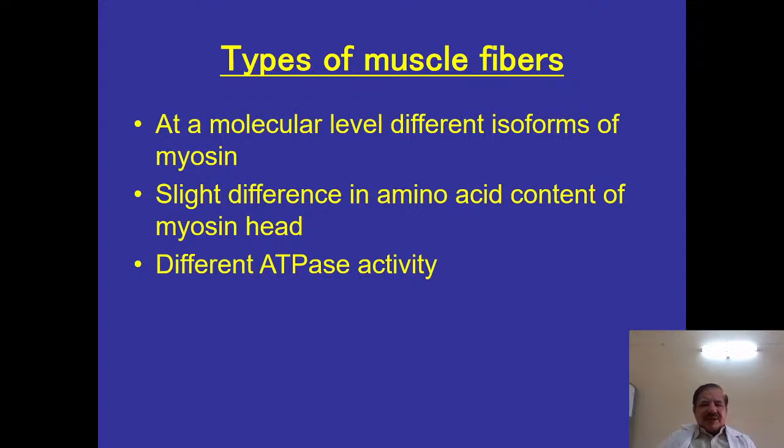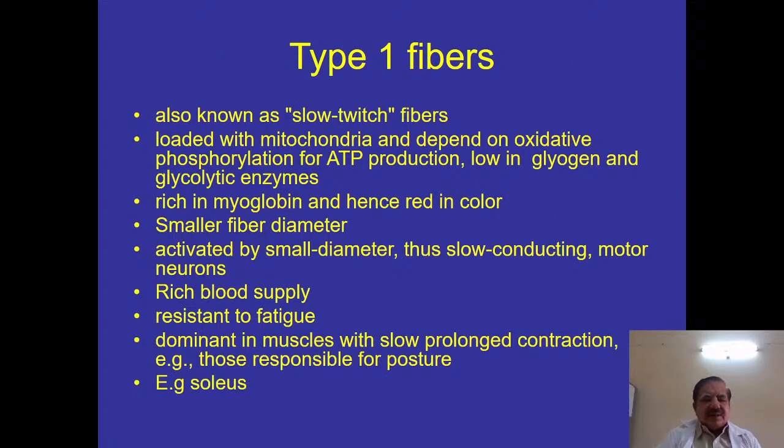Types of muscle fiber, as you know very well, are made of actin and myosin filaments having different amino acids at different places and different ATPase activity, that is oxidative and glycolytic. Type 1 fibers, as all of you know, are slow twitch fibers.